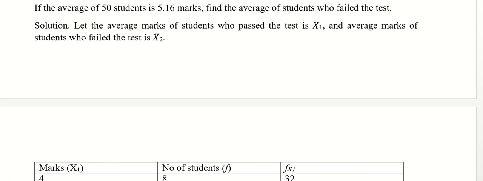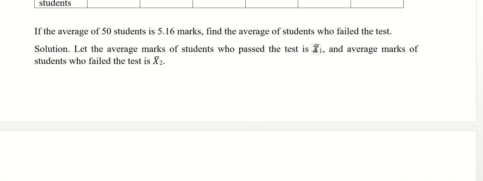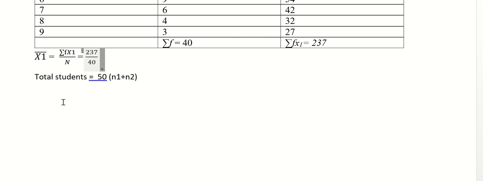The combined mean is also given to you, which is 5.16. Then n1 is 40, and mean 1 is also given to us; we have calculated it basically.